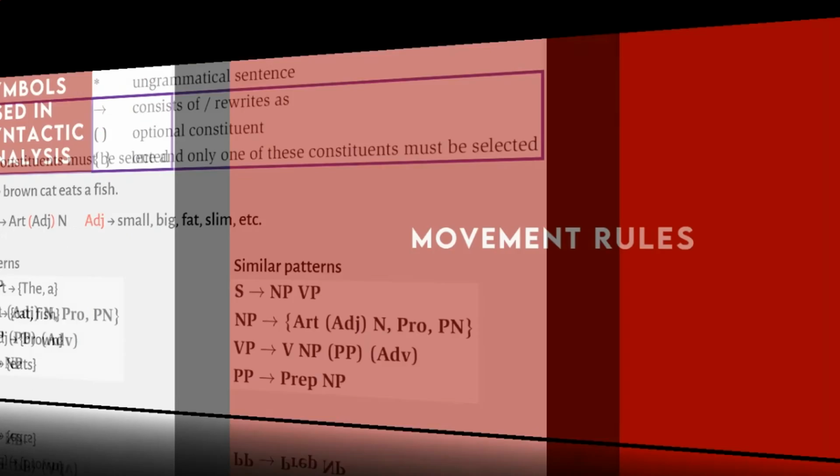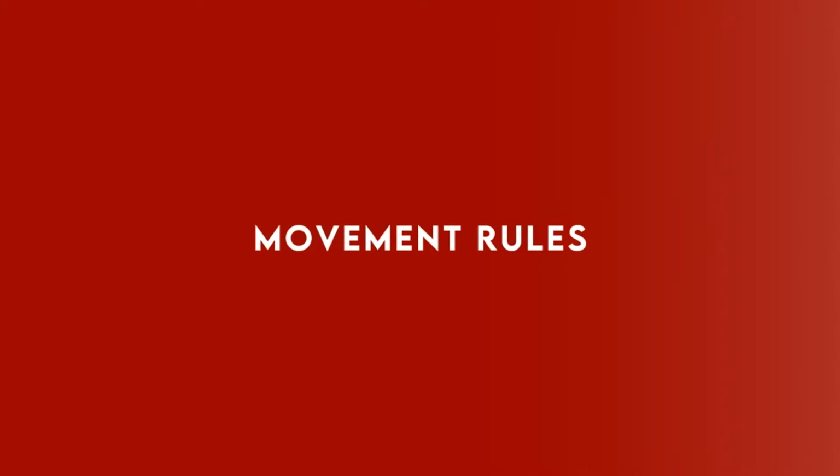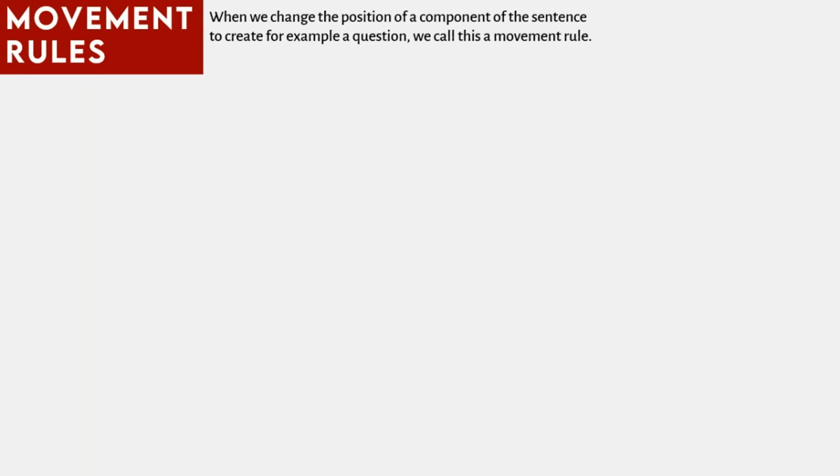Now, let's continue. In syntax, we are going to check what is considered a movement rule. We consider movement rules when we change the position of a component of the sentence to create, for example, a question. We call this a movement rule, and it is marked with a symbol, marked in red, that means moved.